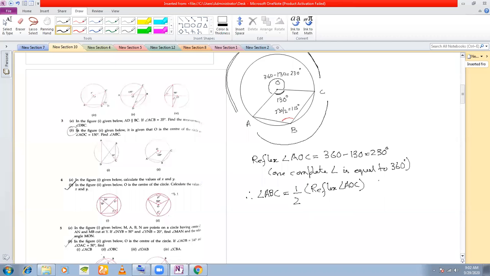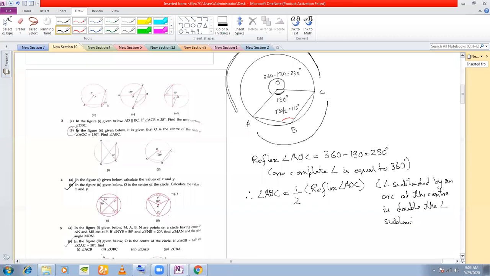Why? Because the angle subtended by an arc at the center is double the angle subtended on the remaining part of the circle.